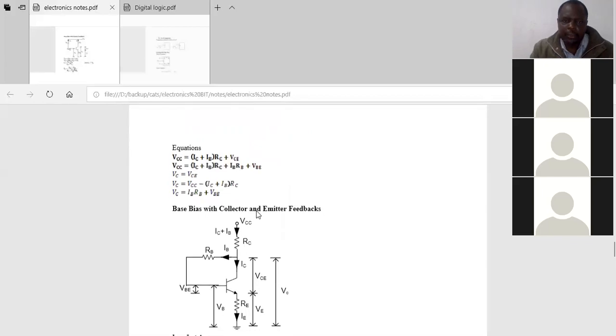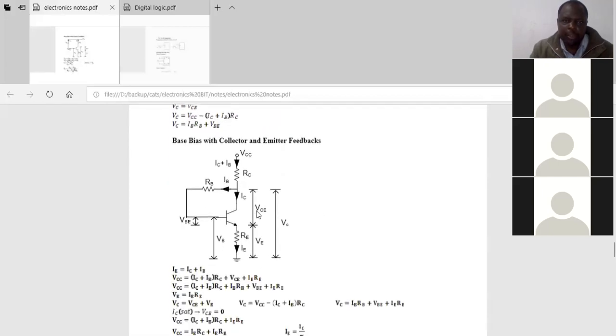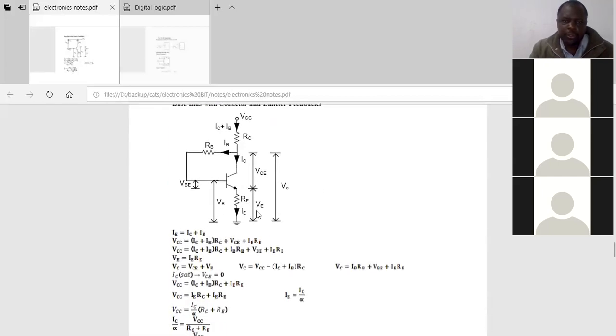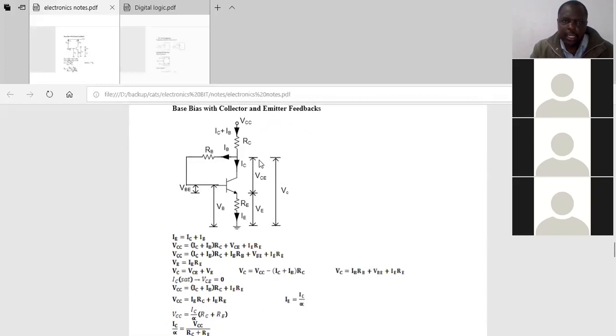And the base bias with collector and emitter feedback. Now this combines the two feedbacks, the collector and the emitter, in which case the equations we have up there, just add IERE to the two equations.